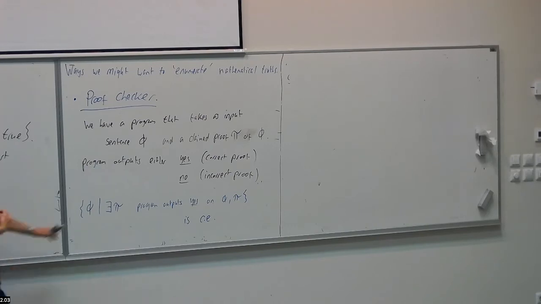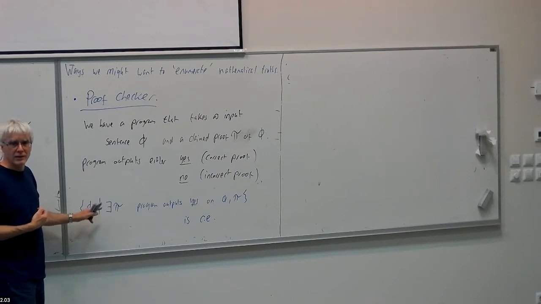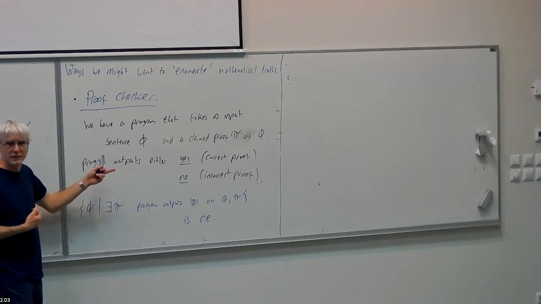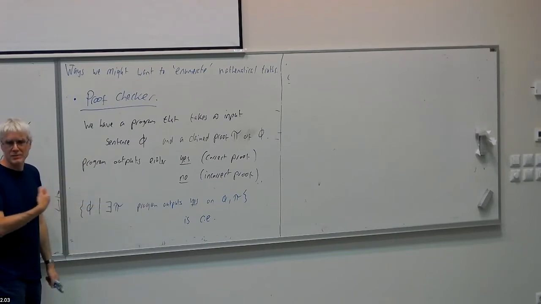That's going to give us a formula phi that is true, but for which we cannot give a proof in the system.